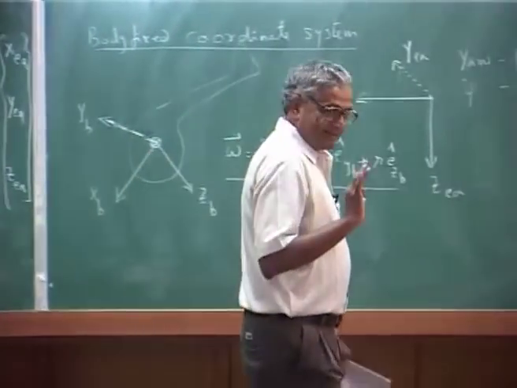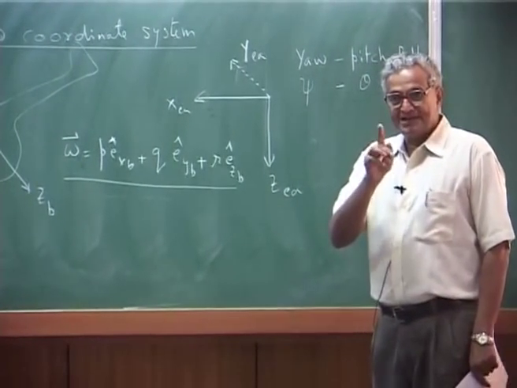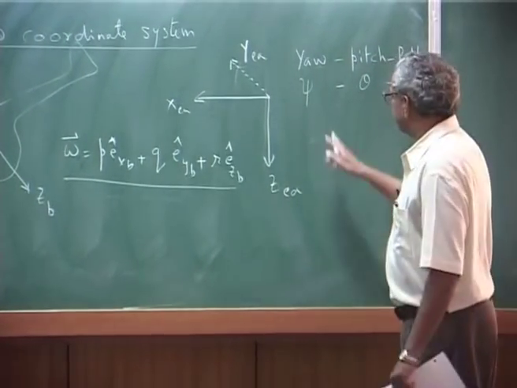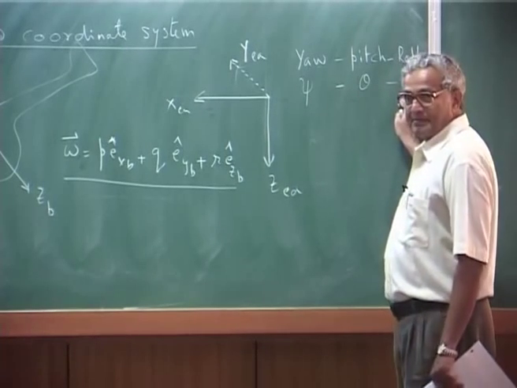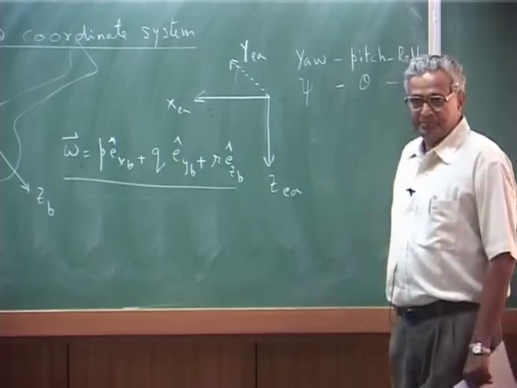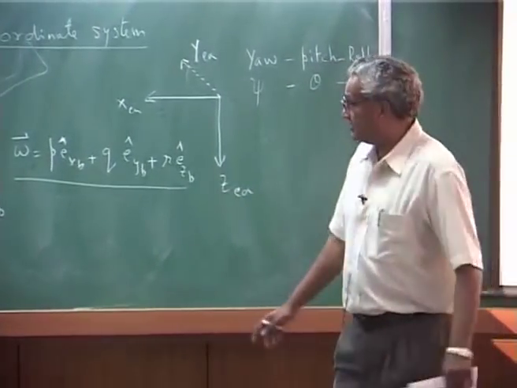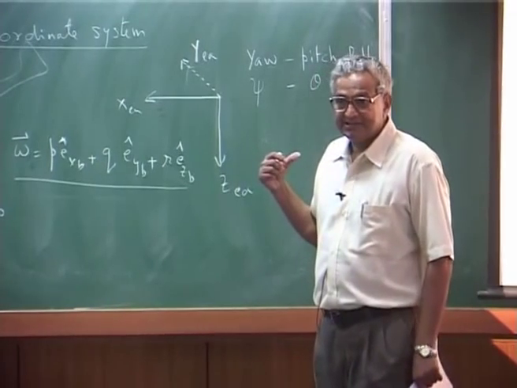Now, you will see, if you want to know the angular velocity vector defined in terms of the time rate of change of these angles, because when the body is rotating, they are also rotating with respect to the earth axis.